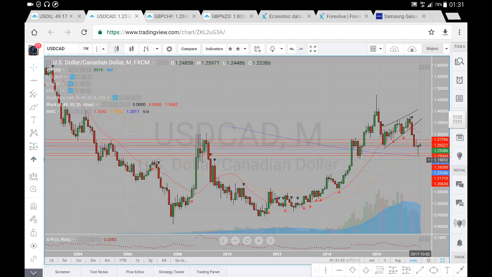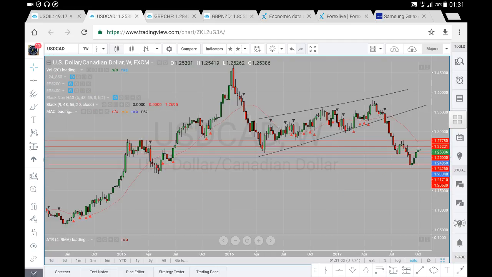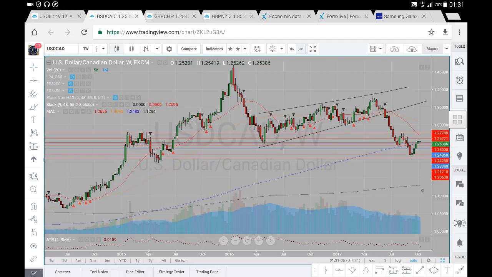So I'm going to go down to the weekly time frame. Down on the weekly time frame, we can see we've had 4 consecutive weeks of bullish price action, which I would say is pretty much an indicator of a reversal in the trend somewhat.